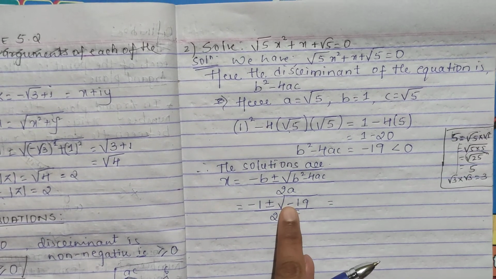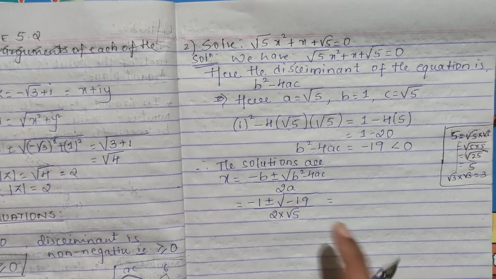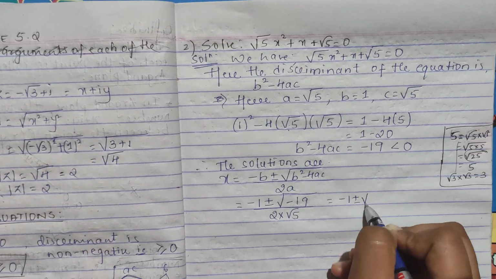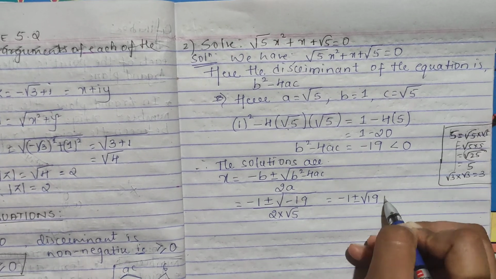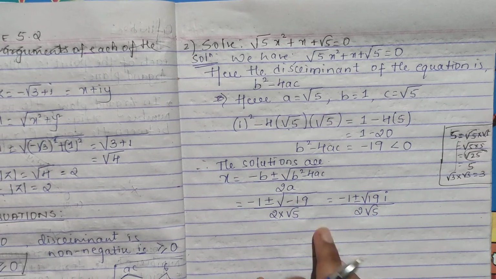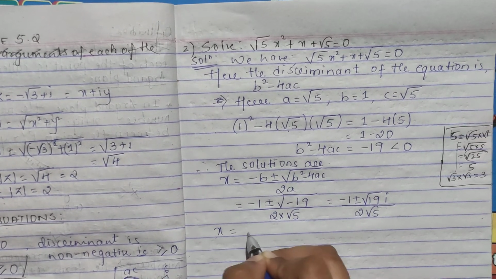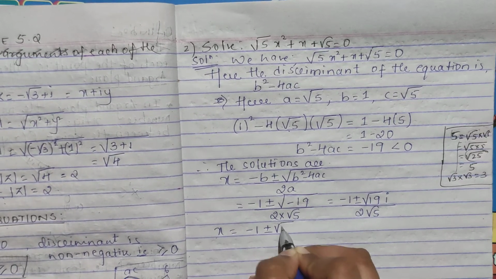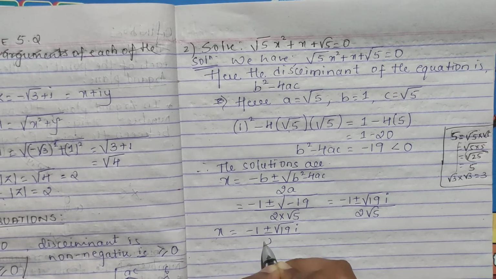So the root of −19 I can take as √19 times i, and this is 2√5. So x finally is (−1 ± √19 i) / 2√5.